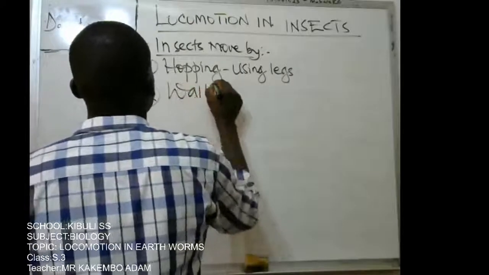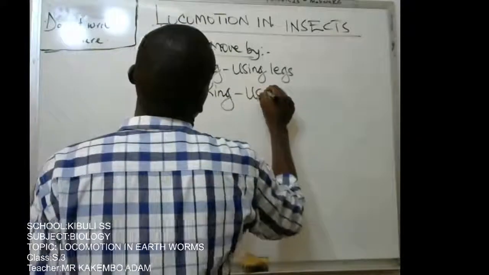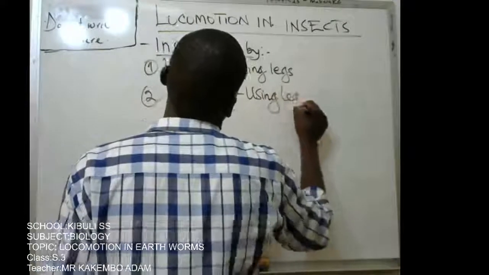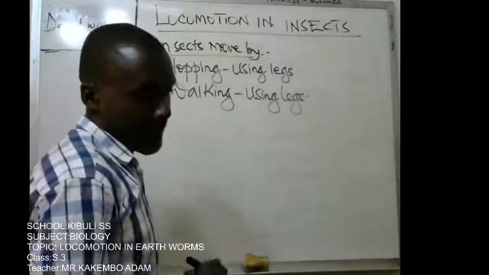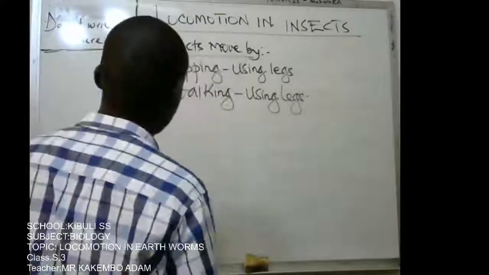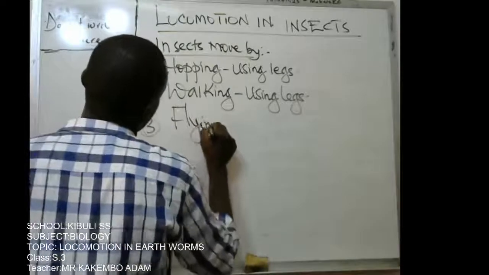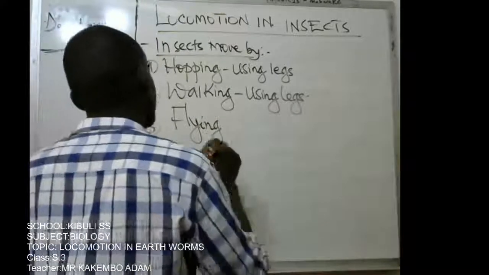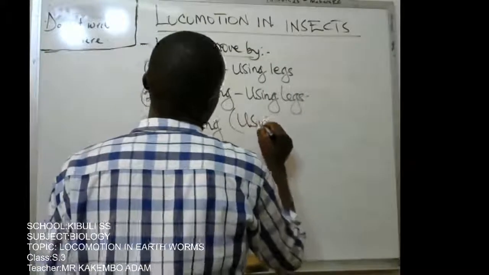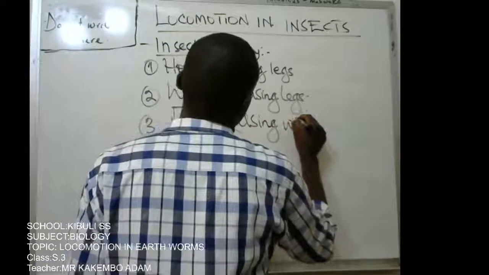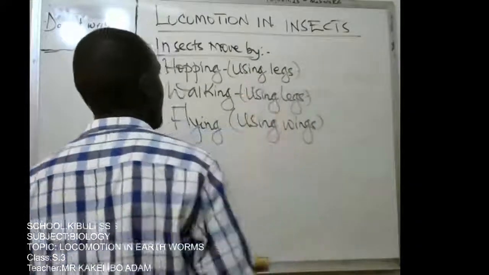Walking, still using legs. Then three, some insects have wings. So those that have wings achieve their locomotion by flying. They use wings. Please take note.